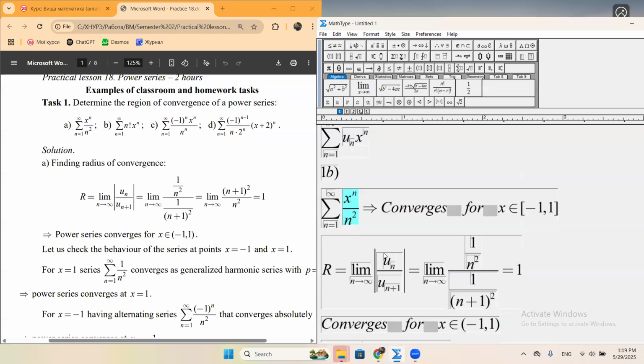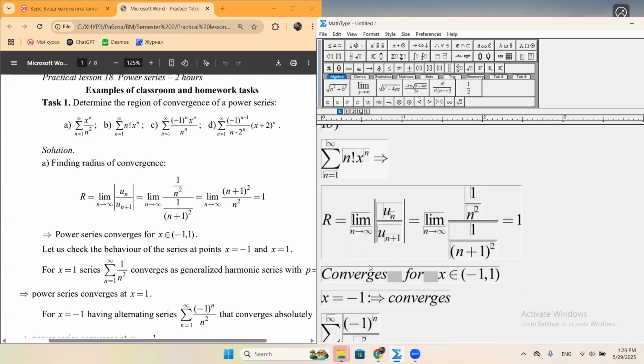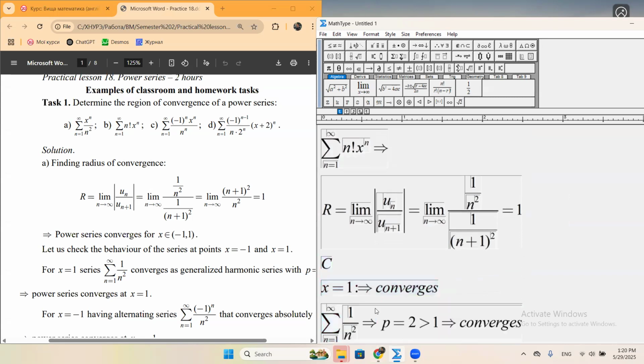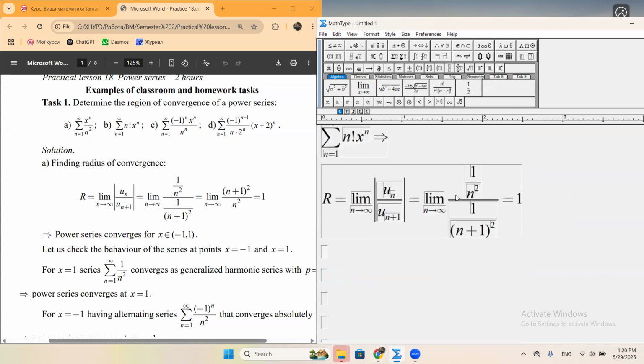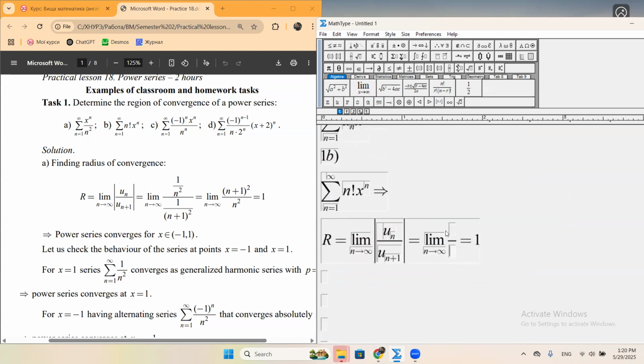Now let's move to the next exercise, 1b. We have the following power series: n factorial times x to the power of n. Let's calculate the radius of convergence. u_n equals n factorial and u_{n+1} equals (n+1) factorial.